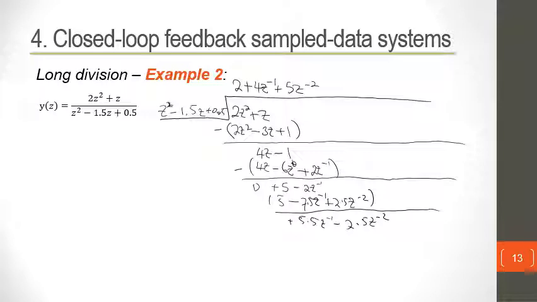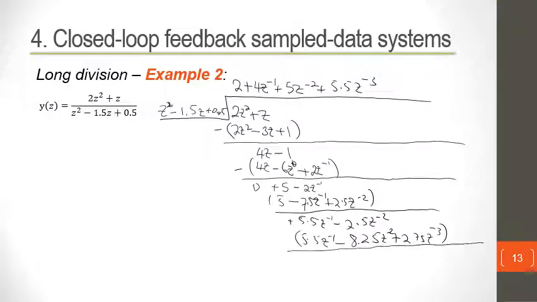Z into 5.5, we have 5.5 z to the power minus 3, and then we multiply that out, we get 5.5 z, we get minus 8.25 and then plus 2.75 minus 3, and then all of these we do a subtraction, we get a 0, we get a plus 8, sorry for that, this becomes not 8 but this becomes 5.75 z to the power minus 2, not z squared here, minus 2.75 z to the power minus 3.